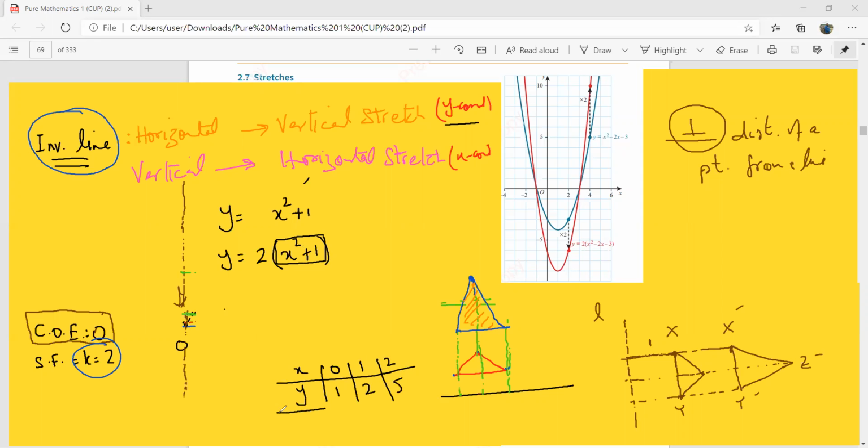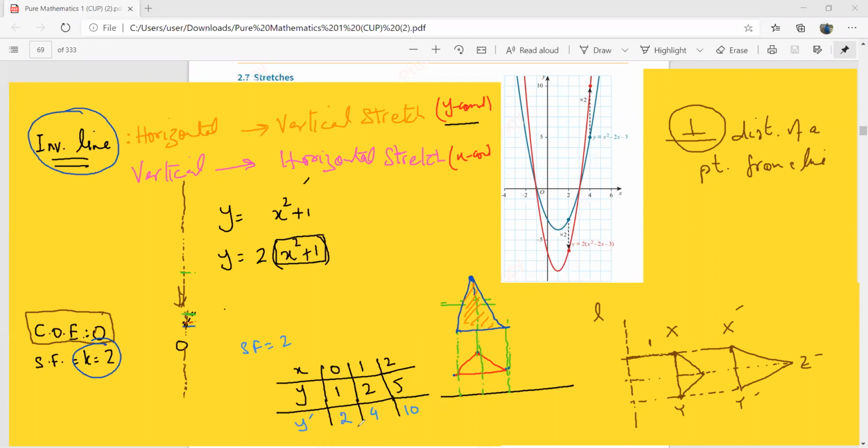And then after the stretch with the scale factor 2, this y dash would be 2, 4, and 10, because the scale factor over here is 2, so the y coordinates have to be doubled. Do you understand what I am writing over here with this 2, 4, 10? What is happening to these y coordinates and why is it happening like this?